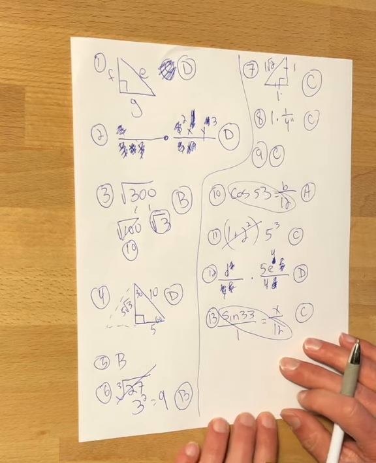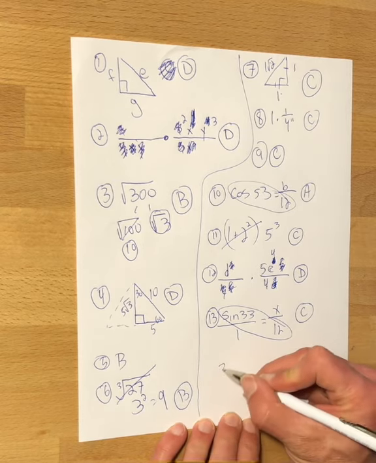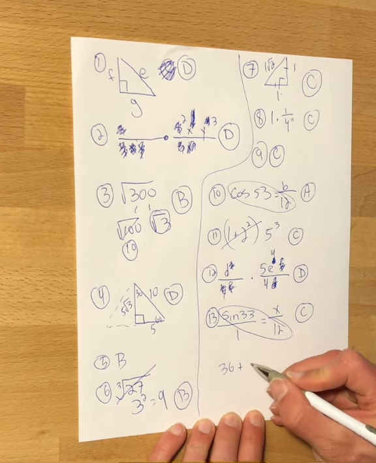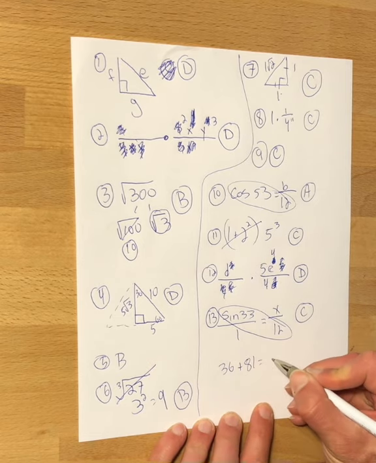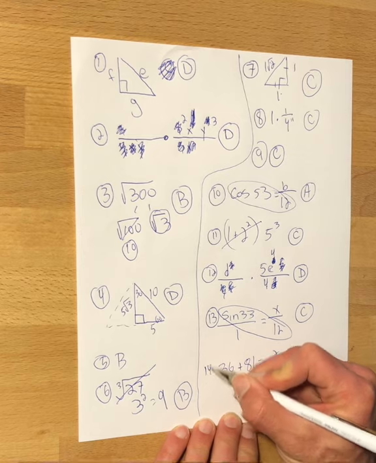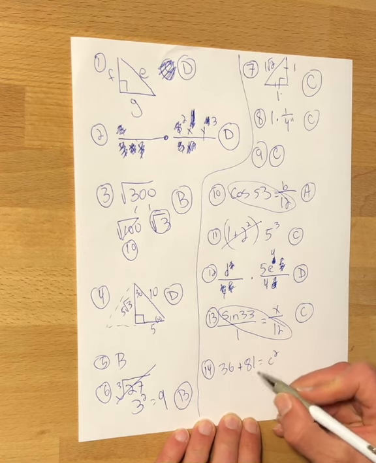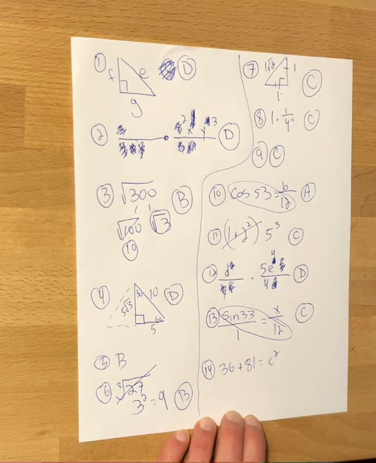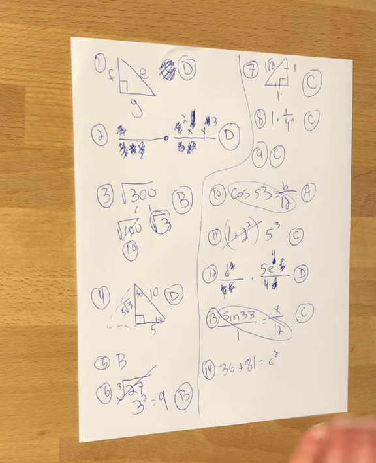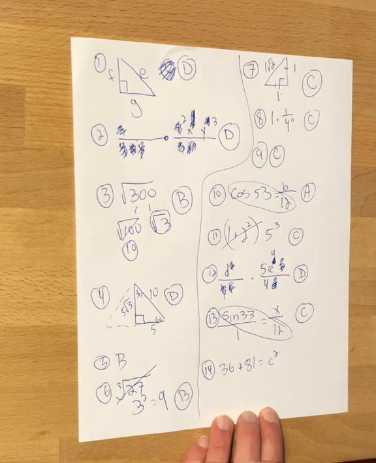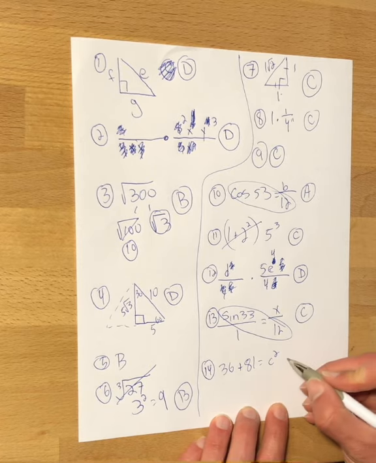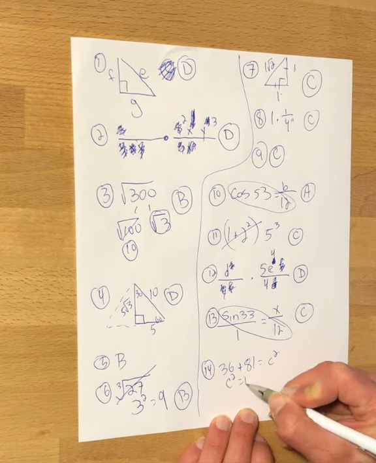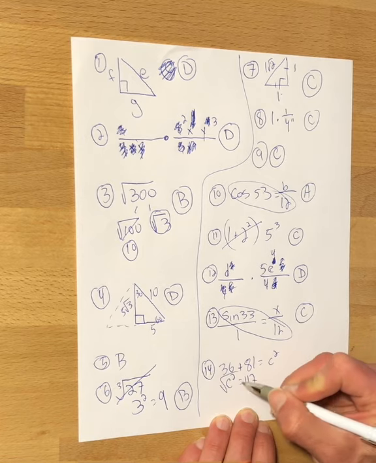For number 14, it's a Pythagorean theorem. So you're doing 36 plus 81, because a squared plus b squared equals c squared. I'm just going to get my calculator out so I don't mess up the easy math. 81 plus 36 is going to give me c squared equals 117, square root both sides.